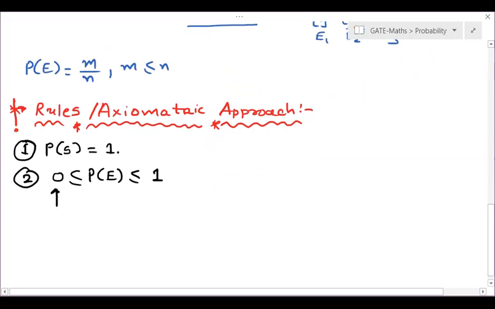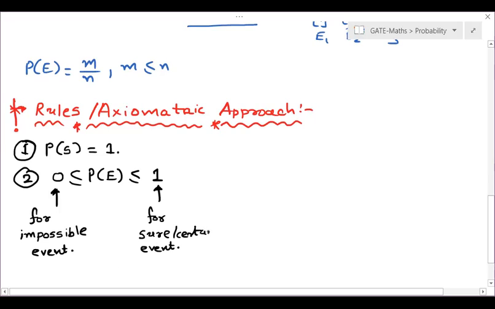So it will be 0 for an impossible event. It will be 1 for a sure or certain event.